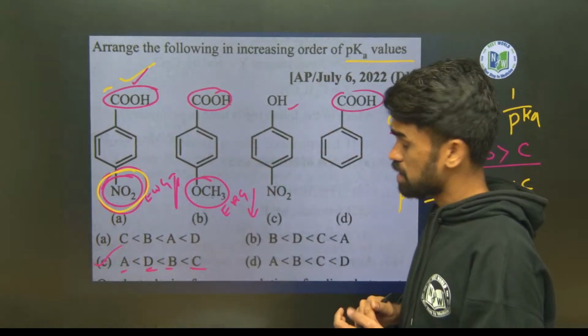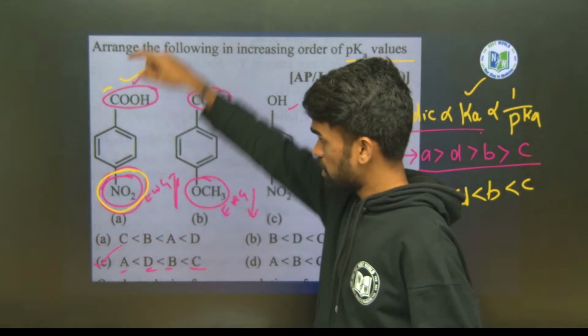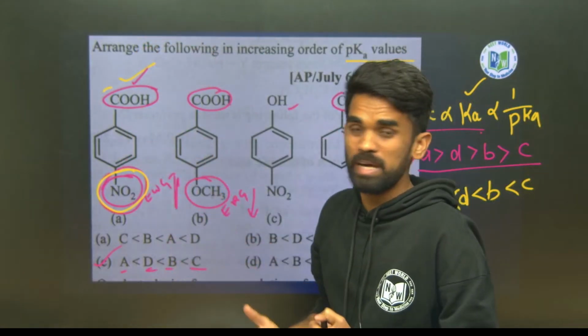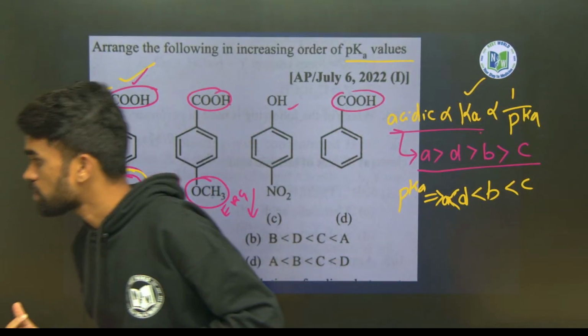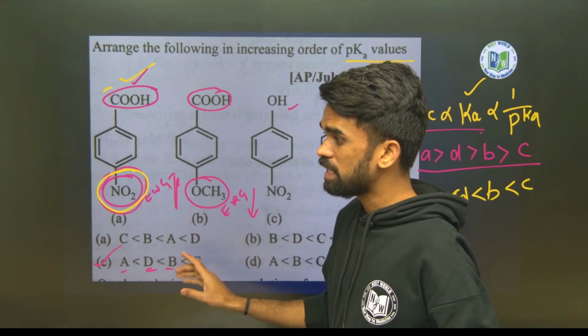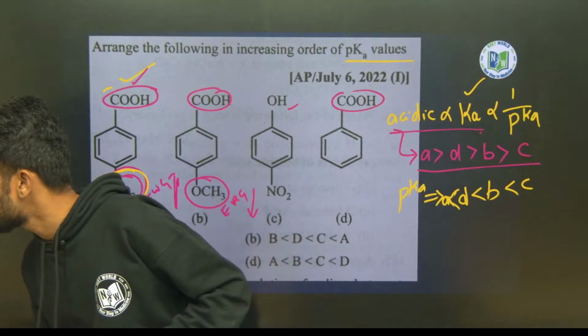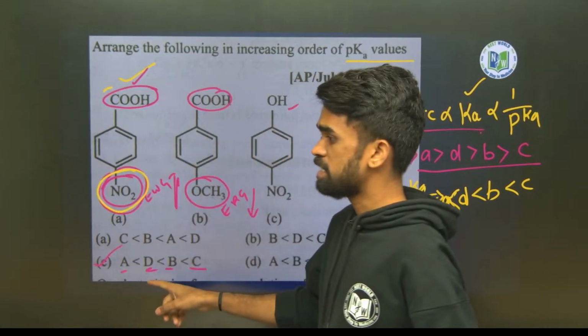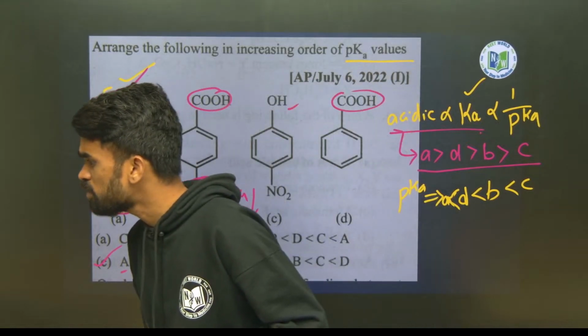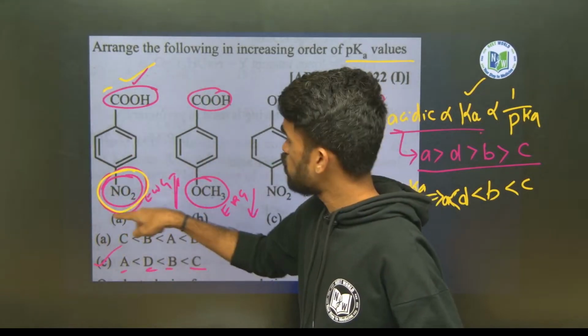So how do we explain? This is based on the stability of the conjugate base of the given carboxylic acids. Okay, so it is C, not D. Someone in the chat box is saying D. No, it is C. Okay, Chennai. So why? Because it is more acidic now. Why?